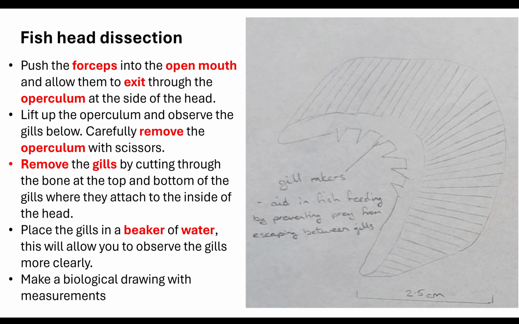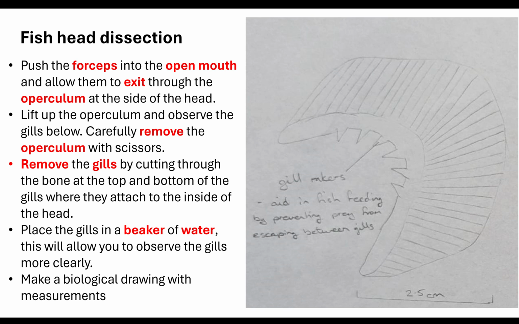Now, what you would do then, using either scissors or a scalpel, is remove the gills. Now, remember, we're talking about bony fish. So to be able to do this, you will need to cut through the bone at the top and at the bottom of the gills, and that will remove it from where it's attached to the head.